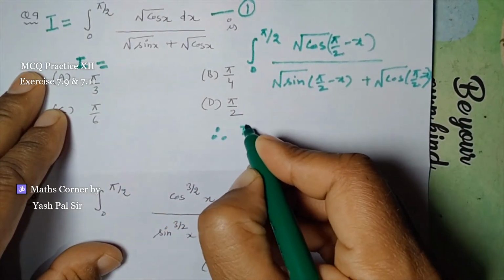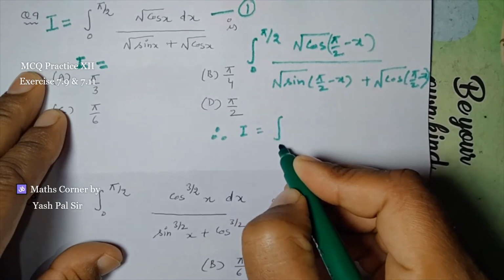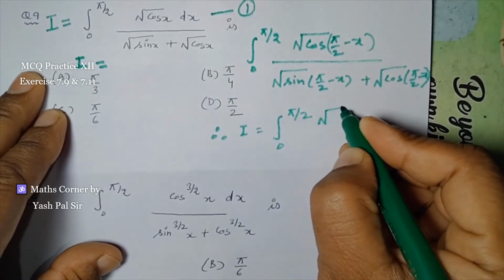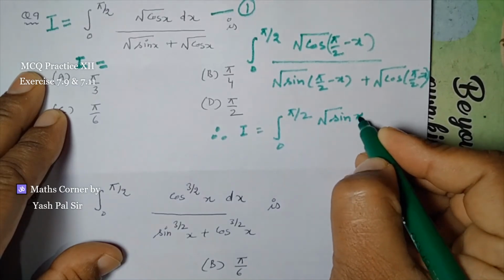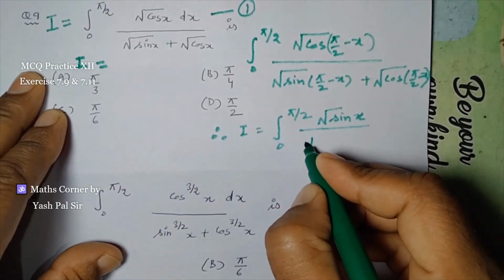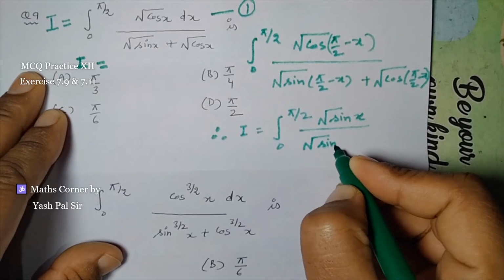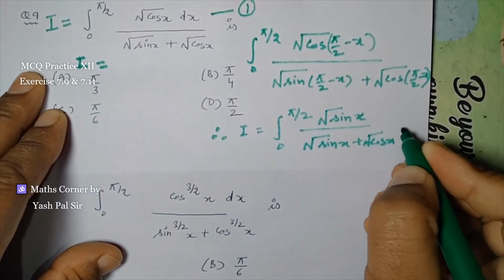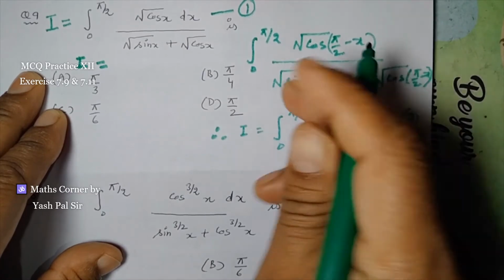Therefore I is equal to integral 0 to pi by 2 of square root of sin x divided by square root of sine of x plus square root of cos of x. This is number 2.